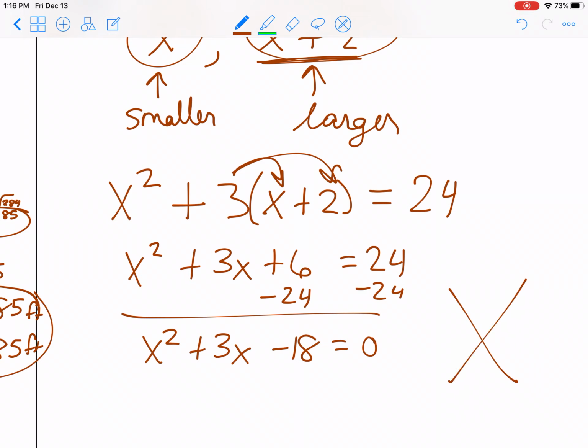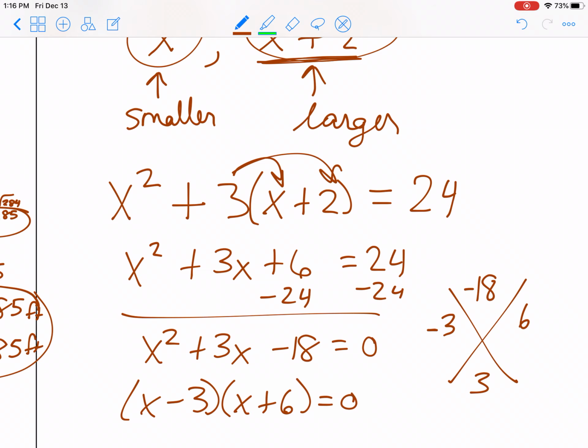I'm going to see if I can factor this. A times c is negative 18. B is 3. Let's see, I think 6 and 3 would work here because 6 times 3 is 18. And if 3 is negative, then I get negative 18. And when I add them, I get positive 3. So our two solutions come from the factors x minus 3 and x plus 6.